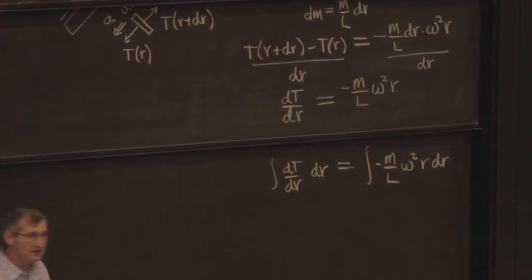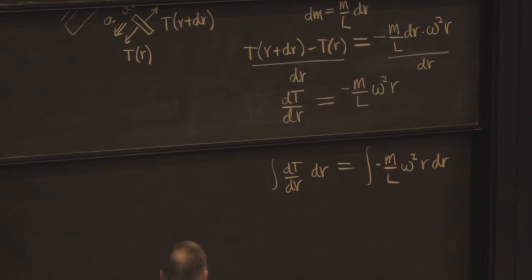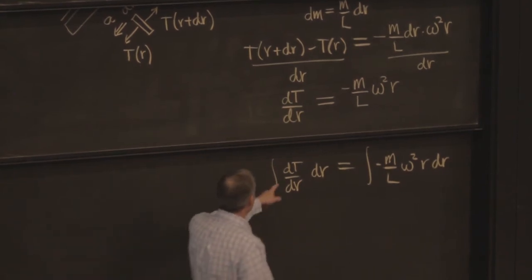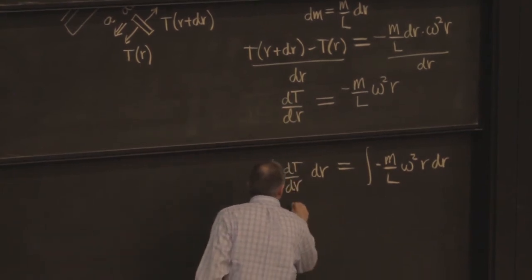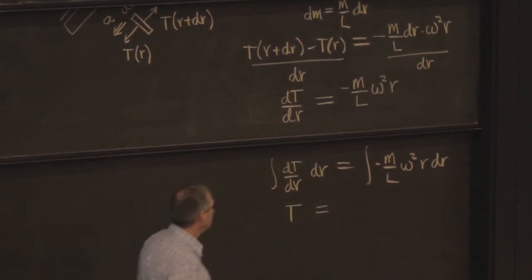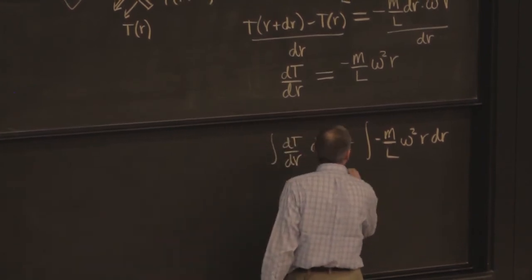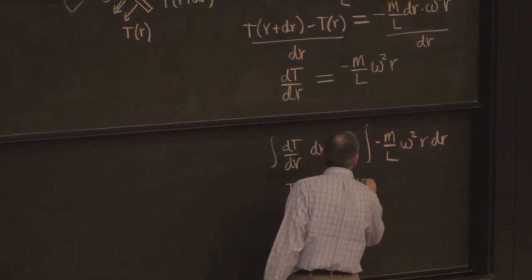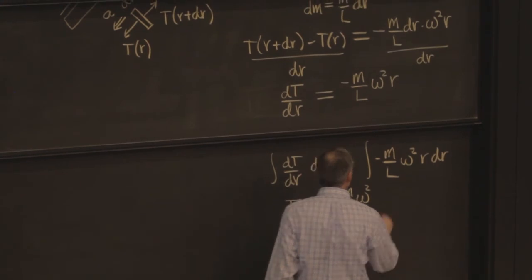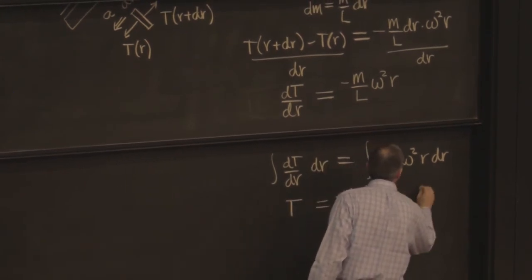And I'm going to worry about limits at the end. So on the left, I get the antiderivative of dT/dr, which is just the tension T. And on the right, what do I get? Minus m over L omega squared r squared over 2 plus some crummy constant.